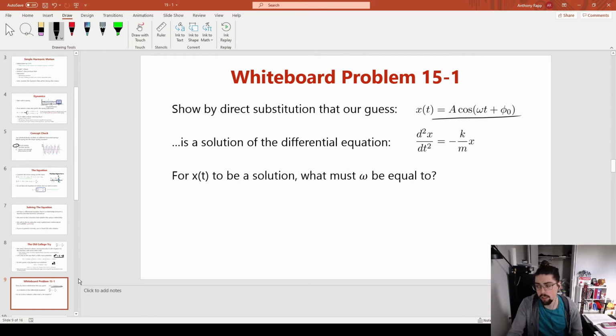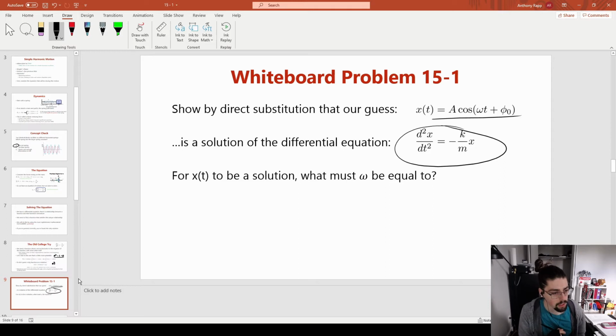Is there something that we need to set omega equal to make sure this condition works? Work on that derivative. You'll have to take your x function, take two derivatives, and then plug those into our differential equation right here. Take the next 3 minutes, give that one a shot, see what you can come up with, and then we'll look at it together.